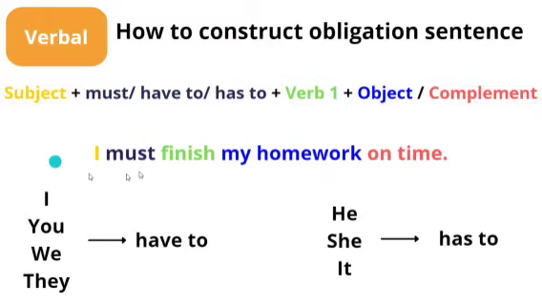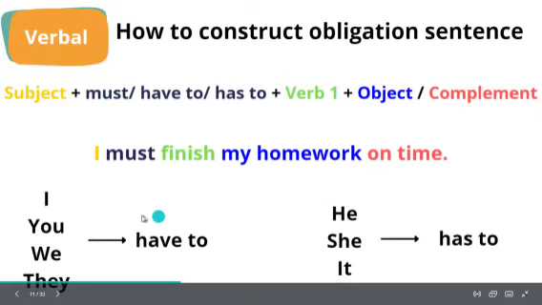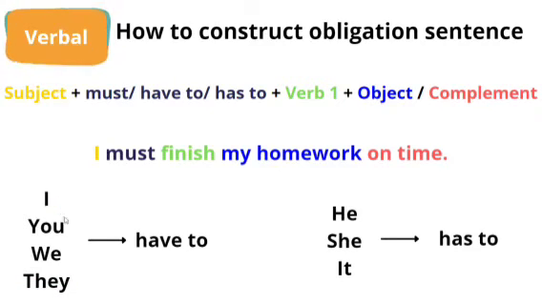And now look here. Kapan kita harus pakai have to dan kapan kita harus pakai has to? Now look, if you want to use have to, berarti subjeknya hanya boleh I, saya, you, kamu atau kalian, we, kita atau kami, and then they, mereka. Atau nama orang yang lebih dari satu. For example, Budi and Siti. Nah, berarti Budi and Siti have to, karena subjeknya dua orang.